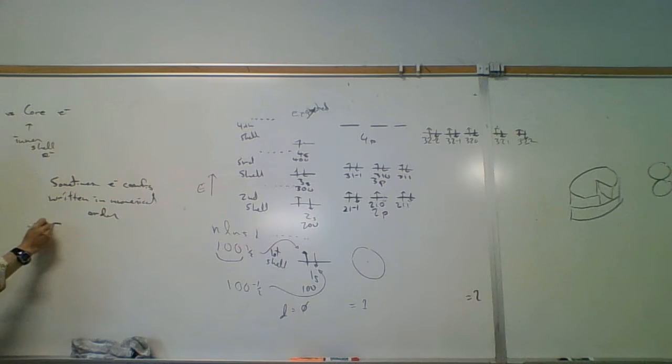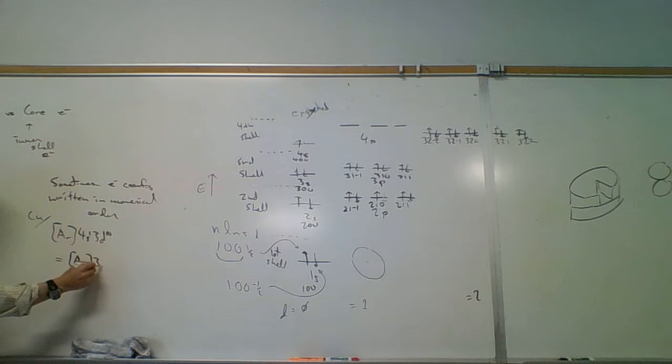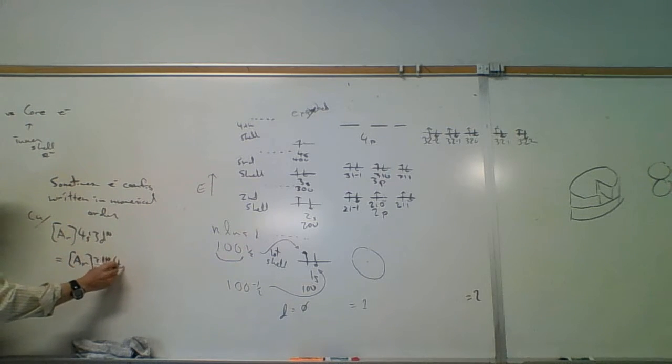So for example, we know that copper is argon, if I use the abbreviation here, 4s1, 3d10. But what I do here is I rewrite this as argon 3d10 4s1.